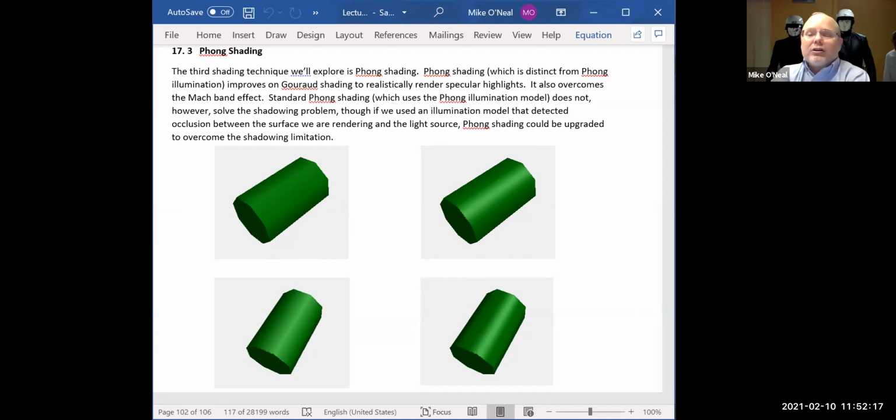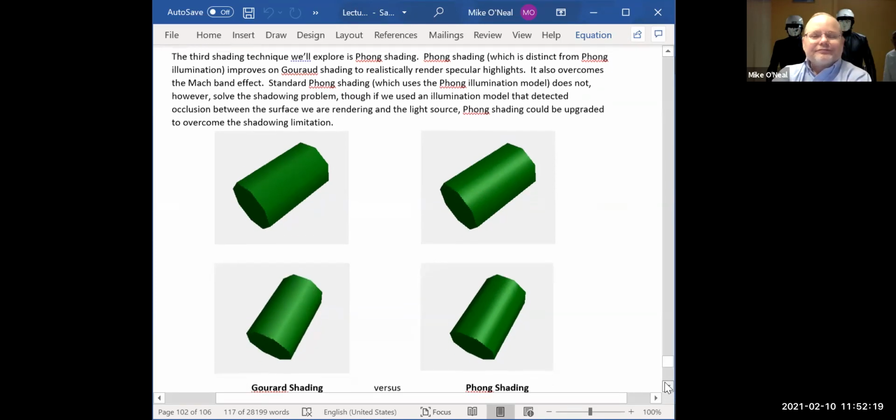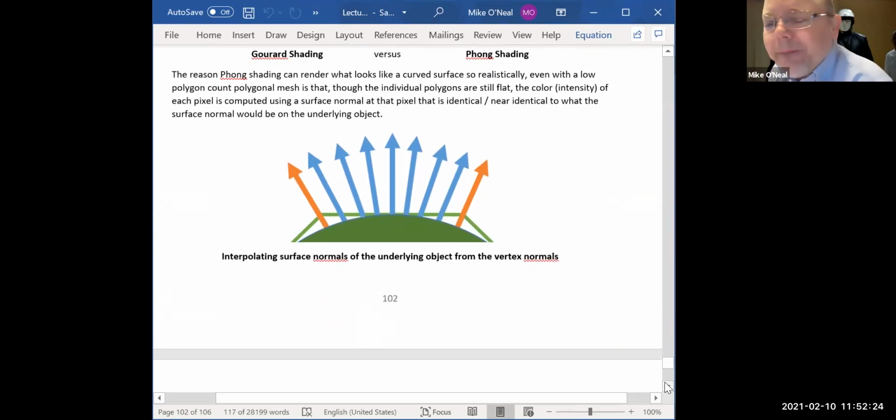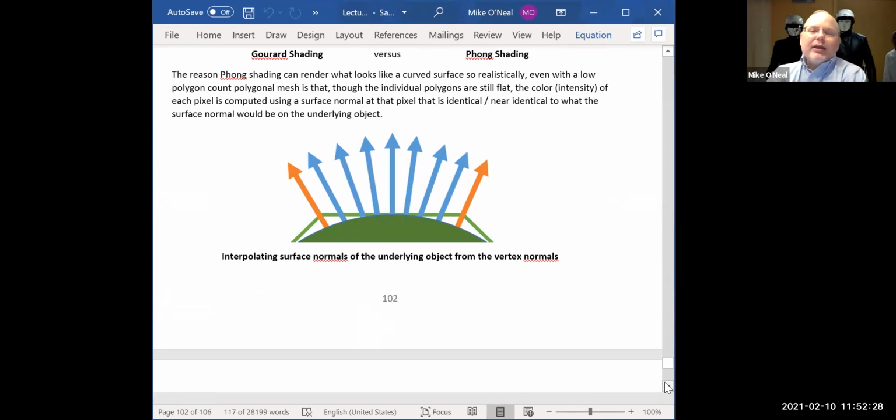So how does Phong shading work? Very, very similar to Gouraud shading, okay? Except in Gouraud shading, I still have to get the surface normals, and from those I get my vertex normals, so none of that's changed. But in Gouraud shading, I apply the illumination equation here at the vertices, and what I interpolate are those intensities, the colors essentially.